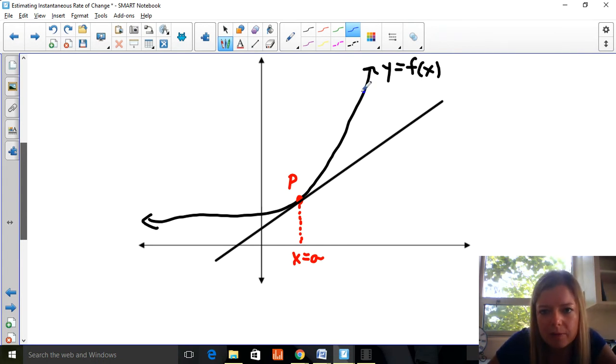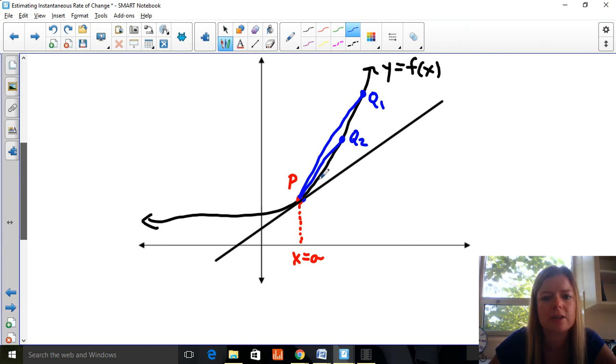So one way is, okay, here's Q1. So its secant would be there. And then we draw an even closer Q, Q2. And its secant would be there. Notice it's getting closer and closer to being what this tangent is. And then we draw Q3. Okay, closer and closer.